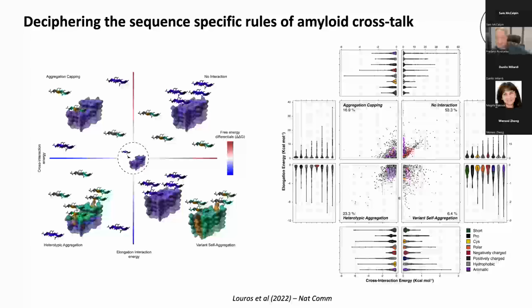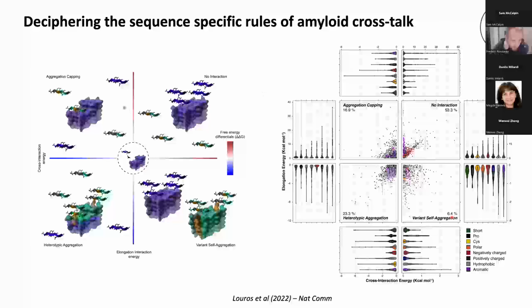Then you can see that about 20% of point mutants, more or less, can form either cappers or interact heterotypically to such cores. And of course, only 6%, it's quite nice to observe as well, can still aggregate, but without interacting anymore. So 6%, let's say, form kind of a species barrier, if you want.